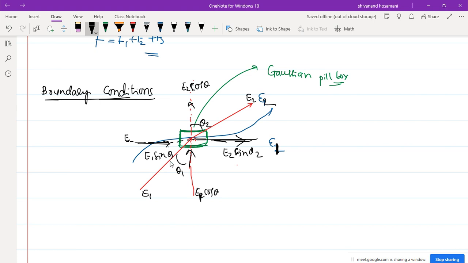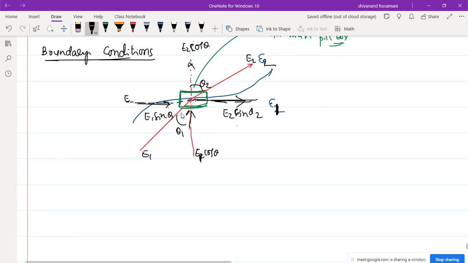Here the boundary condition says that the perpendicular components above and below the surface are discontinuous. The first boundary condition is that the electric field component which is perpendicular above the surface and the one below the surface are discontinuous.